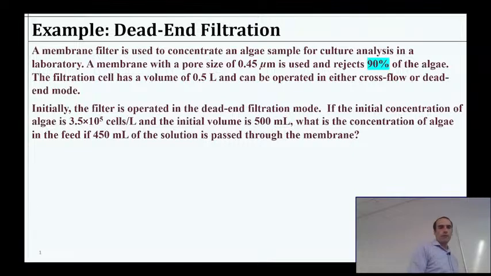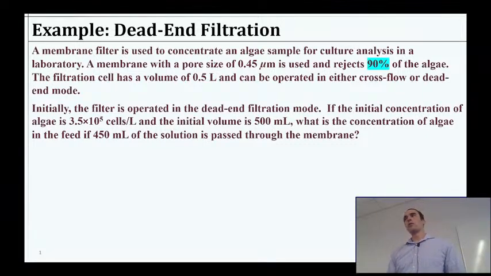Okay, so we left off last time, we had solved this problem. Just wanted to make a little note. It might be worth your time to practice by maybe changing that percent removal. You could put it to 100%, you could put it to 5%, and that would be an easy way to adjust this problem, to make it a new one to solve the mass balance and see if you can do that.